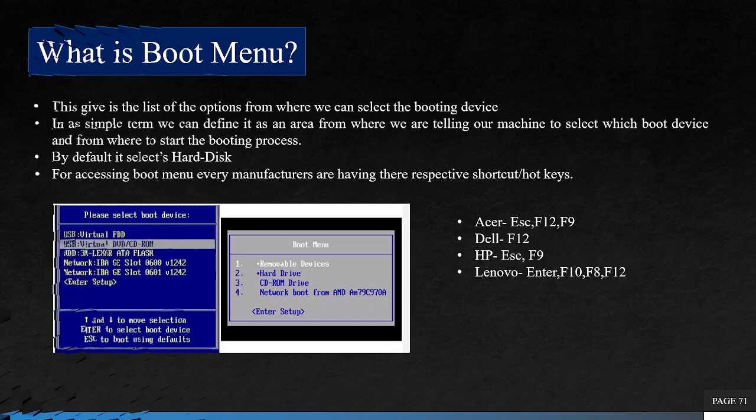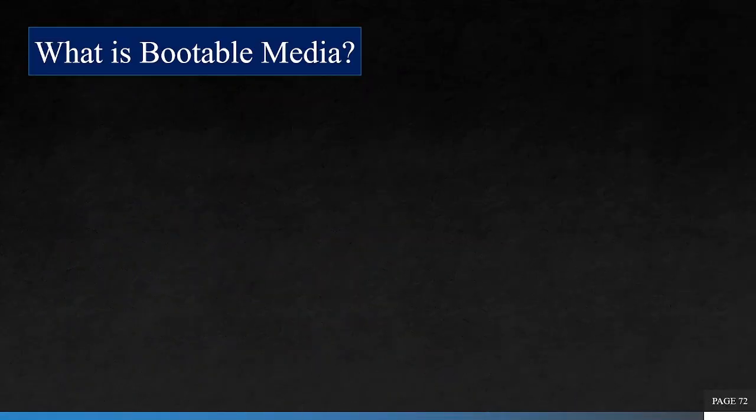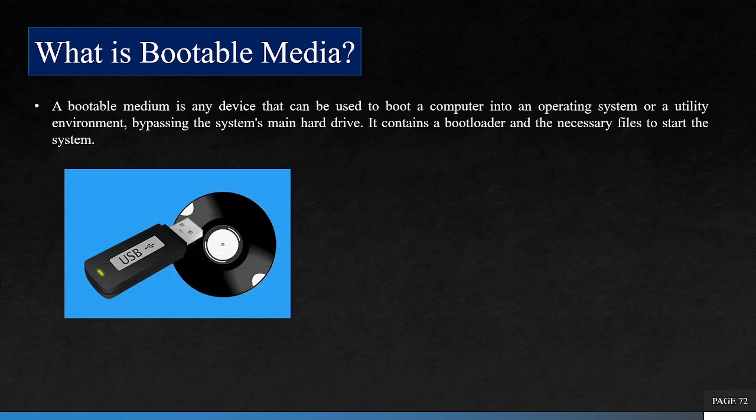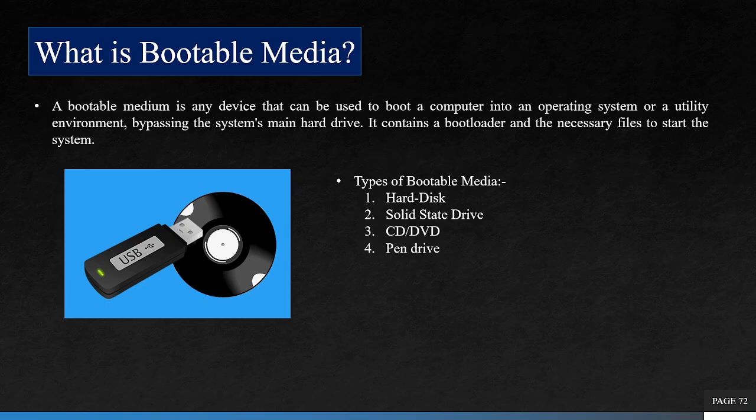Similarly, the boot device is very easy to understand. We call it bootable media: a boot device is the one which holds the file of the operating system. It contains a bootloader and the necessary files to start the system. That means bootable media can be your CD, DVD, pen drive, SSD, whatsoever.